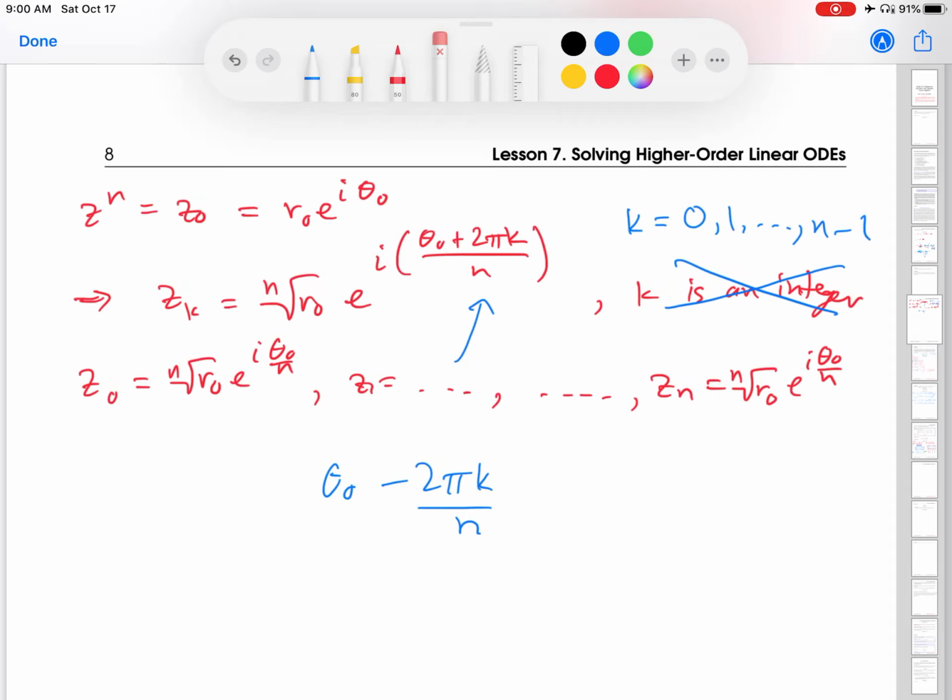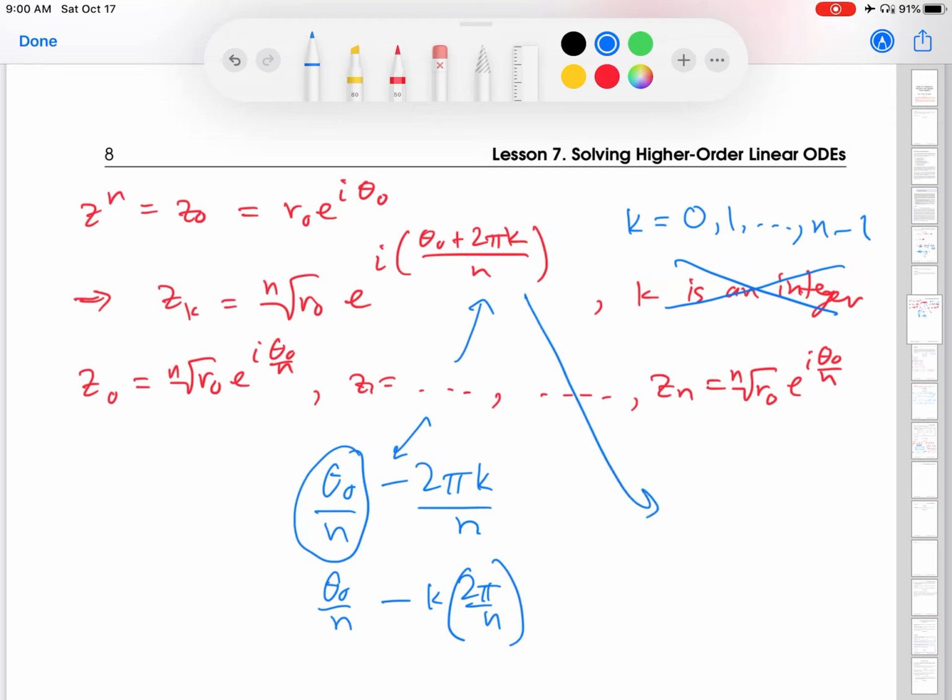So here's the minus sign here. So when you look at this angle, what you're doing is you're taking the original angle, and then you are subtracting multiples of 2 pi over n. Kind of like what we were doing here, we were taking the original angle and we were adding multiples of 2 pi over n.